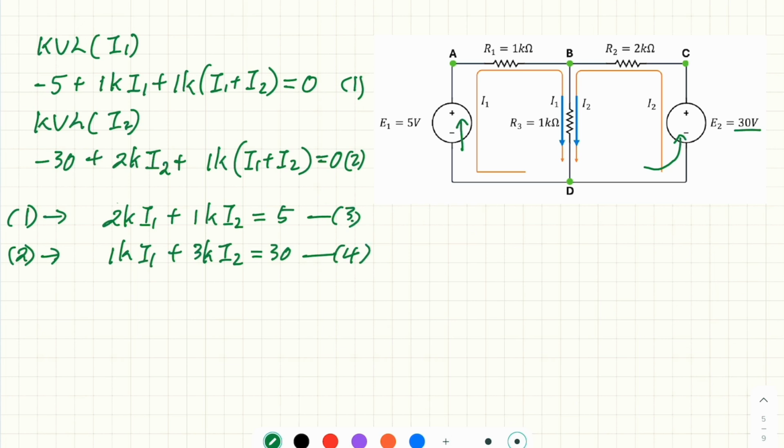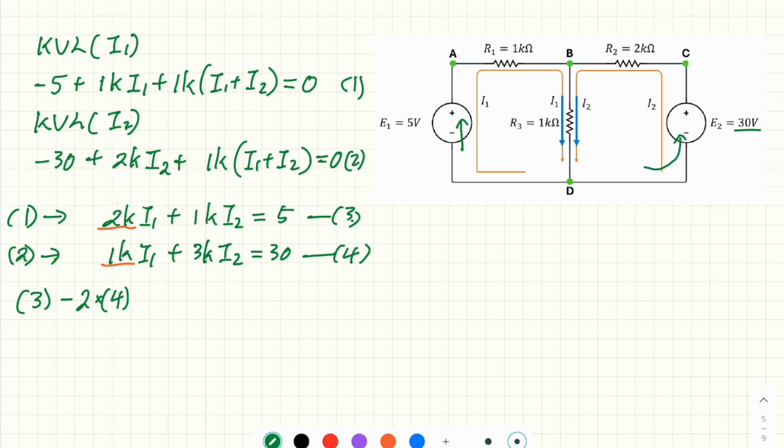To eliminate I1, we notice the coefficient of I1 for equation 3 is 2K, and for equation 4 is 1K. So we decide it should be a subtraction. Equation 3 minus 2 times equation 4 will eliminate I1 altogether.